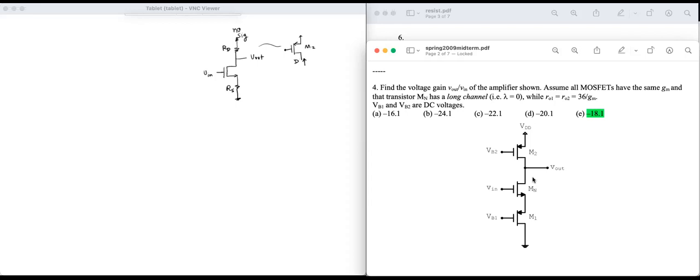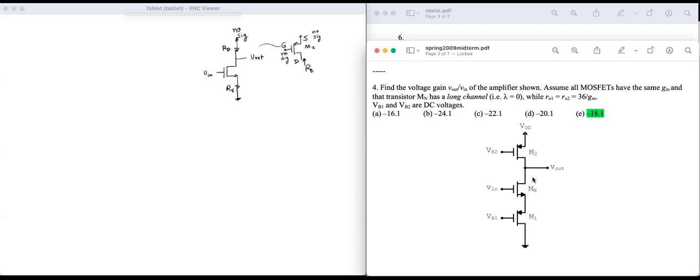This is the drain of M2, this is the gate of M2, and this is the source of M2. And at the gate, there's no signal. And at the source, there's no signal because pure DC sources are there. And the resistance RD would be whatever I see looking into the drain of M2.